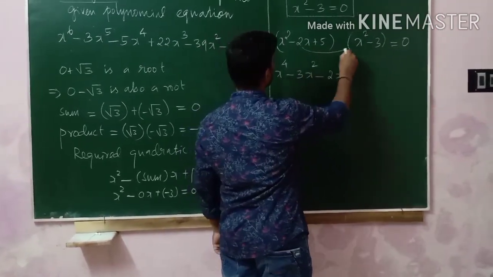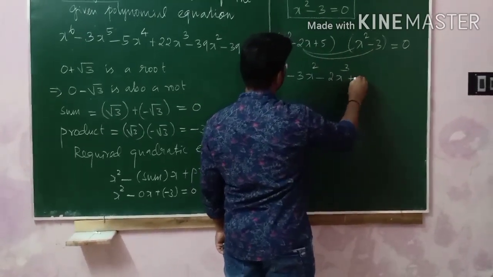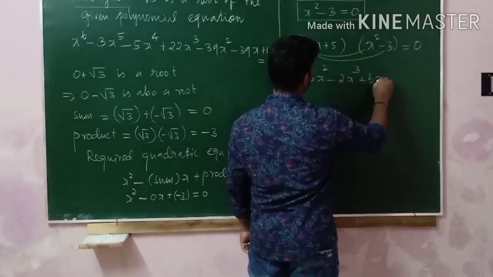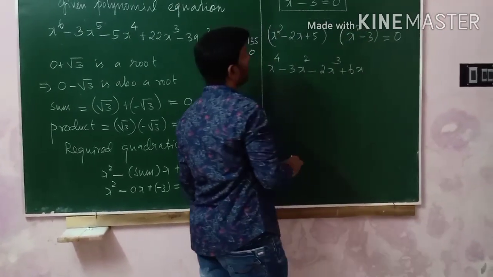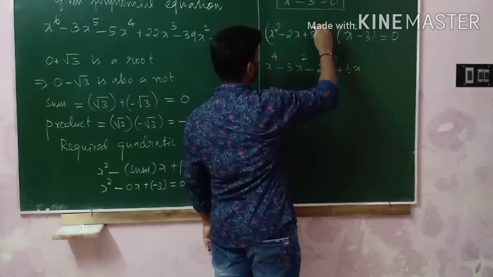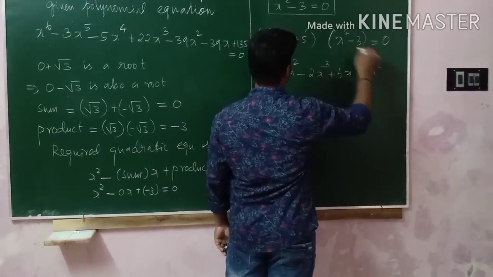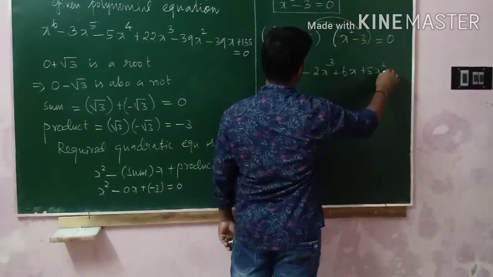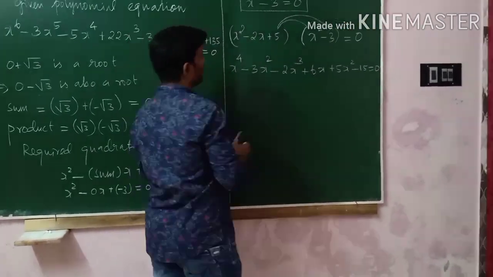Then minus 2x into minus 3. Minus into minus plus, 2 3s are 6, 6 into x, 6x. Now we will take the constant term 5 into x square, 5x square, 5 into minus 3 is minus 15 equal to 0.